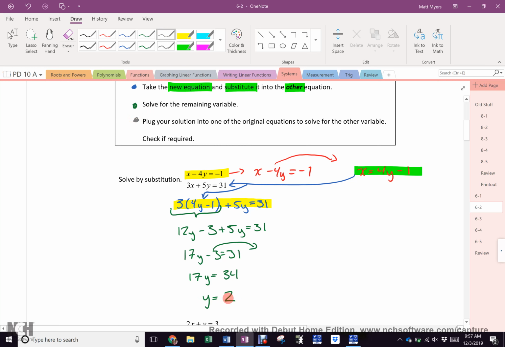What don't we know? Except we do know what x is because x is 4y minus 1. X equals 4 times y, which is 2, minus 1. What is 4 times 2 minus 1? What is the ordered pair that will give us the answer?